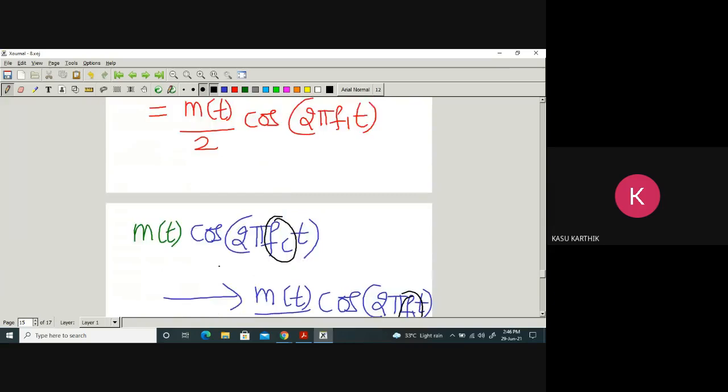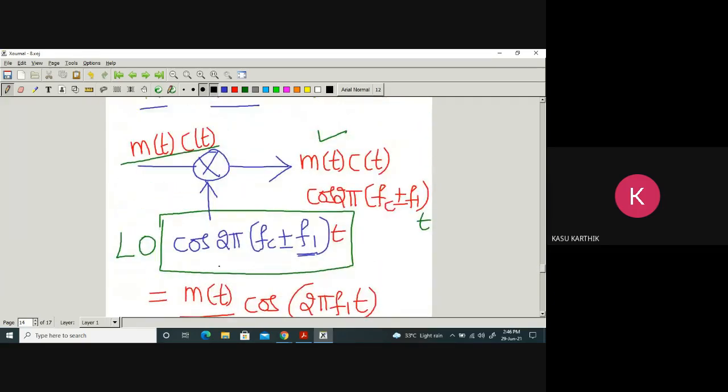So how do we operate a mixer? You just take the modulated signal, multiply it with the local oscillator, and after that use some filtering. Here we use a band pass filter to eliminate the unnecessary components, and you will get the desired output.